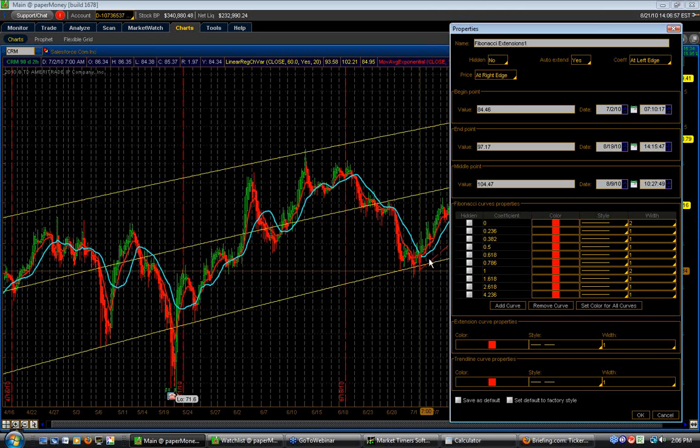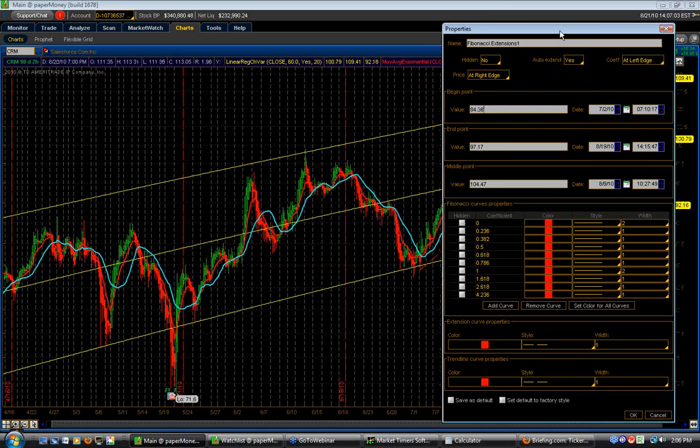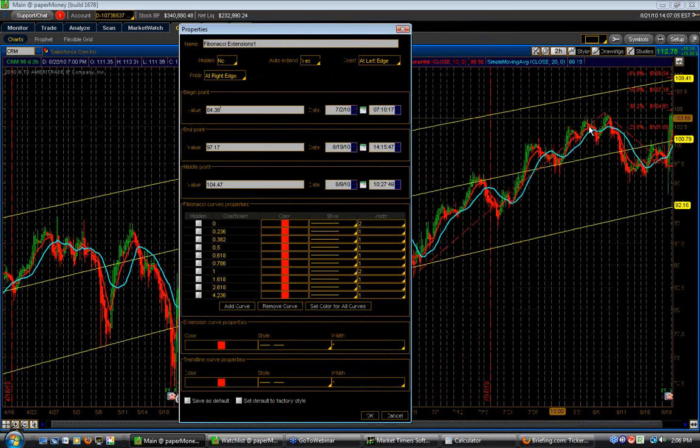That was my beginning point. So I'm going to change that to 84.38. My middle value was right here. That was the high. That's my middle value. What was the high on that? You can see it over there on the left, guys, 104.44. So I want to change that middle point to be exact.